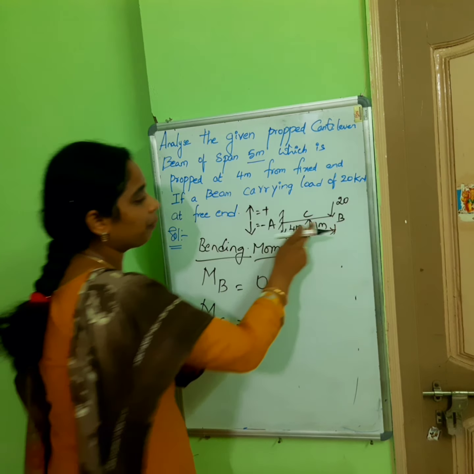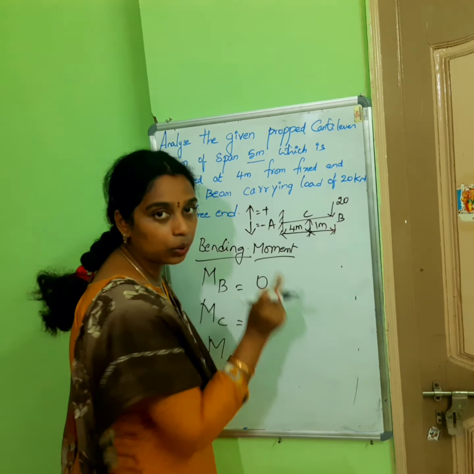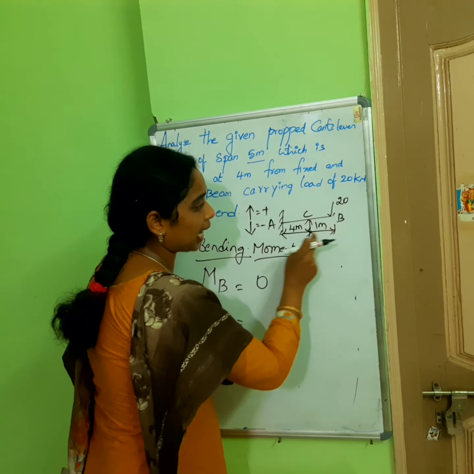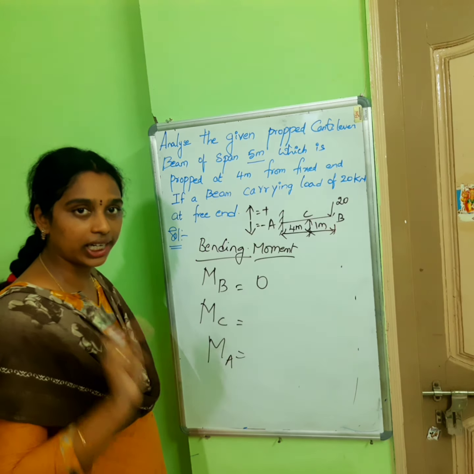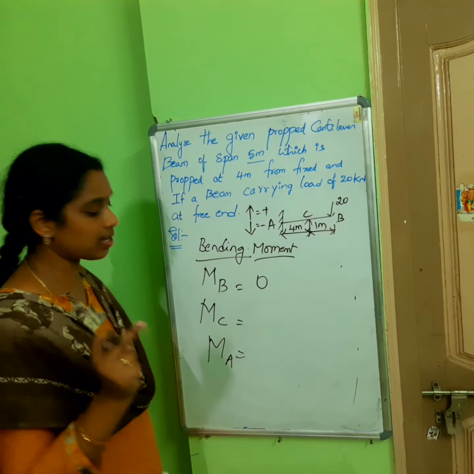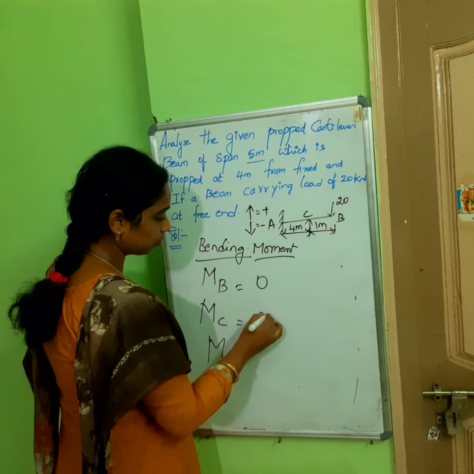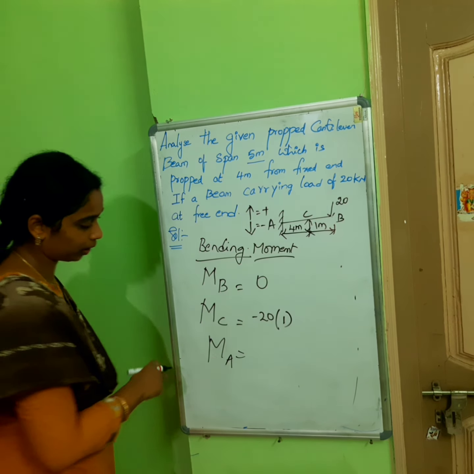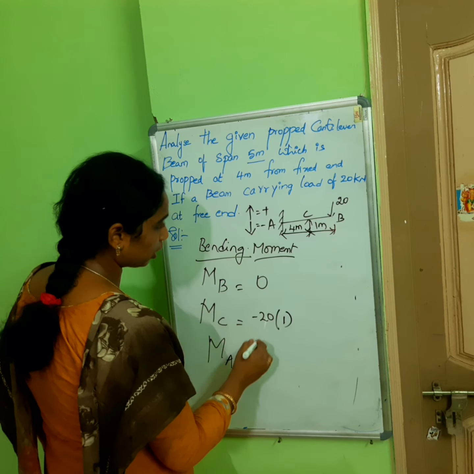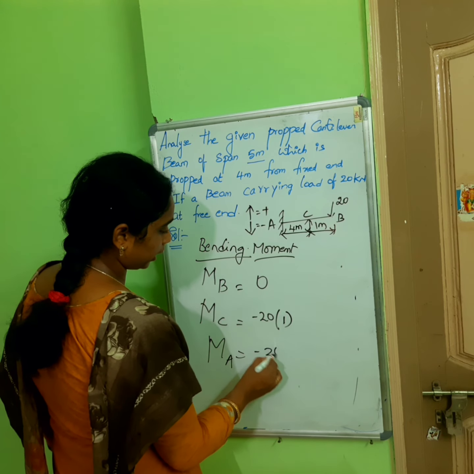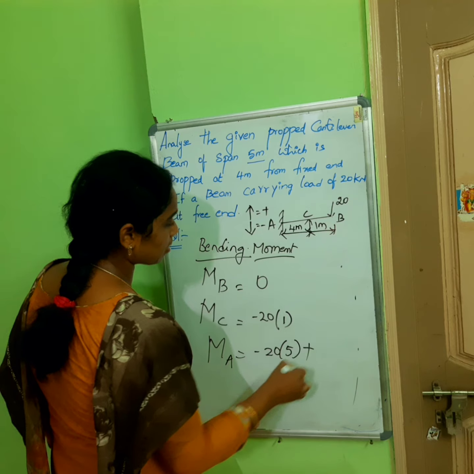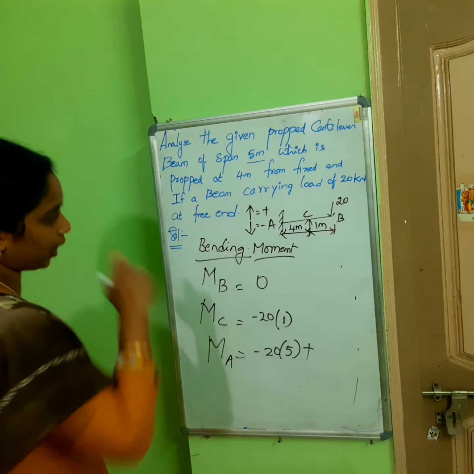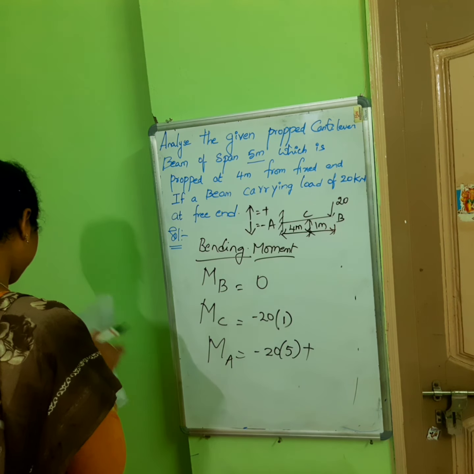Okay. So the moment at C. I am calculating from free hand. The load is acting in clockwise direction. I have already discussed that clockwise I have taken as negative, so minus 20 into 1 at C point. Moment at A: minus 20 into 5 plus the reaction RB, how much did we get?